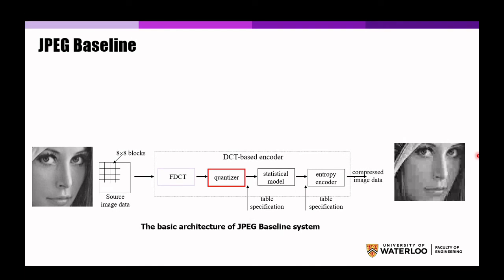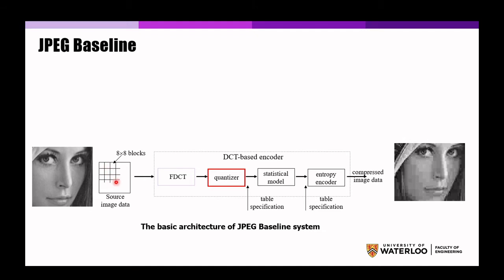In this slide, I will explain briefly the idea of the baseline of JPEG coding. The input image will be divided into 8 by 8 blocks, and then the DCT transformation will be applied to reorganize the coefficients from low frequency to high frequency.